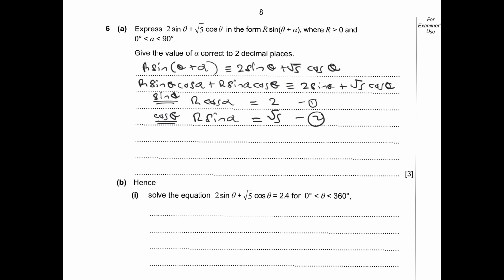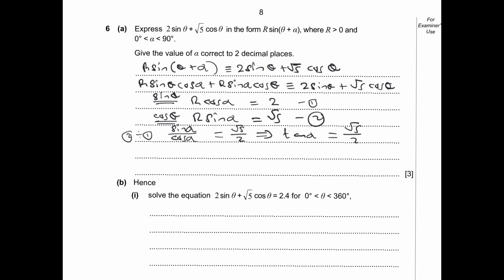So if we divide equation 2 by equation 1, we have sine alpha over cos alpha equal to square root of 5 over 2. Just to save space, let me continue in the same line. I'm going to get tan alpha is equal to square root of 5 over 2.